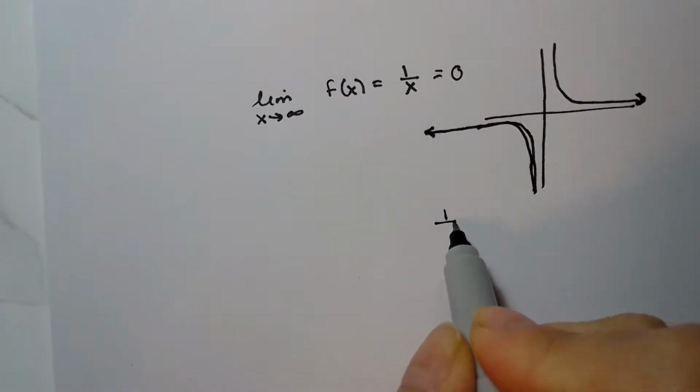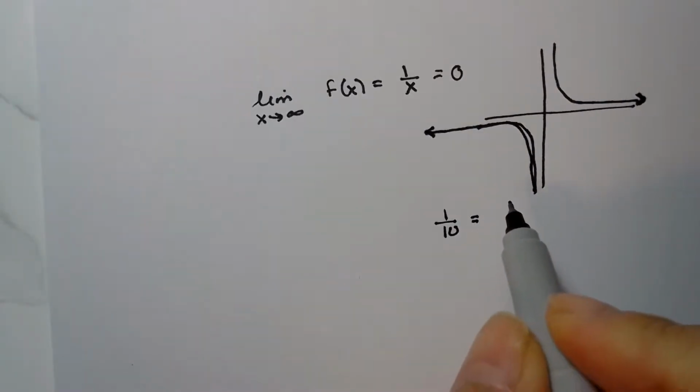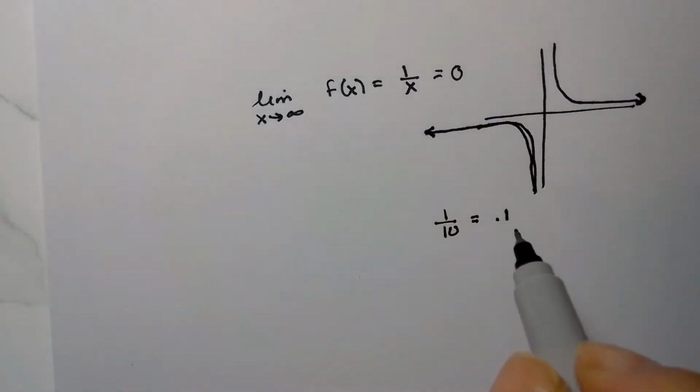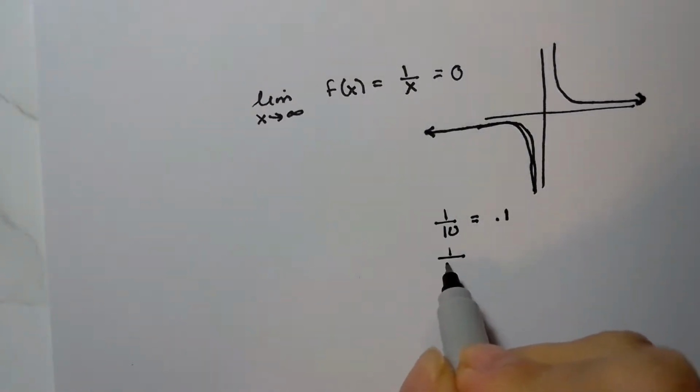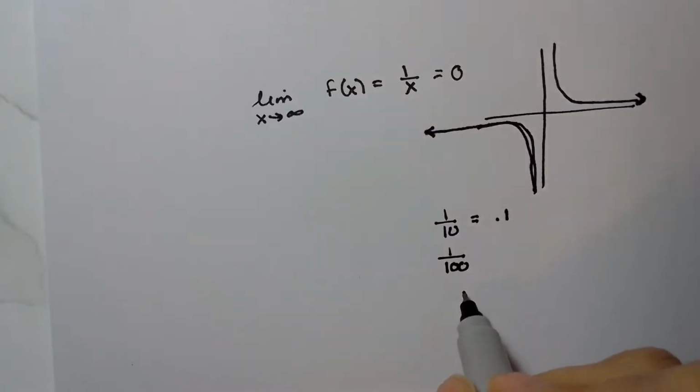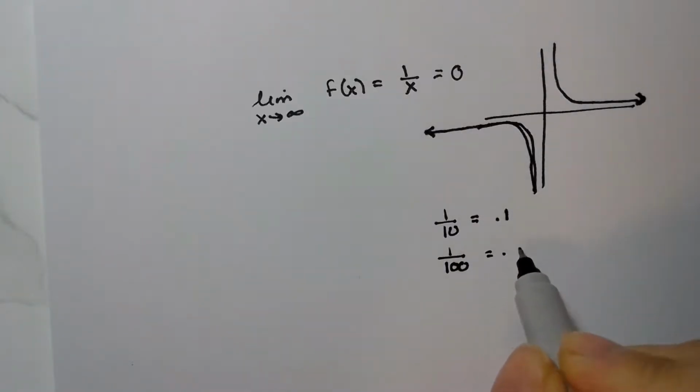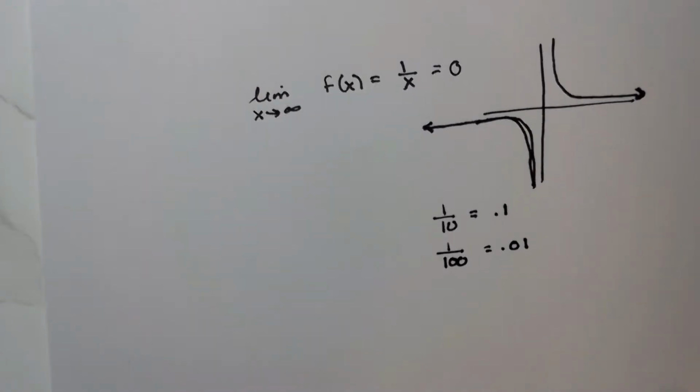If I let x equal 10, well, if I throw that in my calculator, or you guys don't need a calculator for this, but you know it's 1/10, or 0.1. And if I divide 1 by 100, so I let x equal 100, well, it gets a little smaller, right?